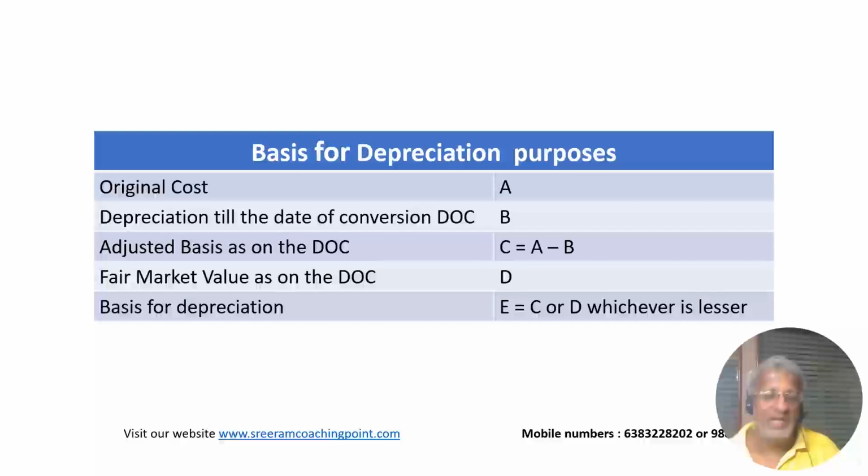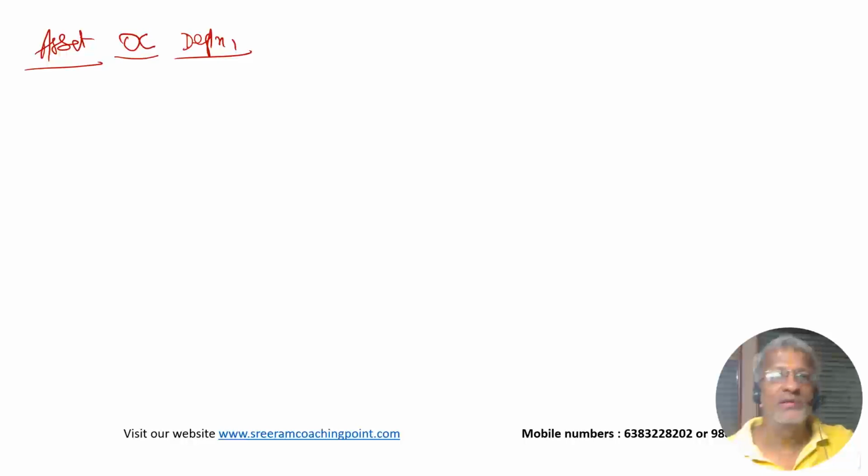Now let us take up this particular slide to drive home the point for finding out the gain or loss ultimately. Let us have an asset column, then original cost, then depreciation number 1, which is the depreciation till the date of conversion, then adjusted basis.